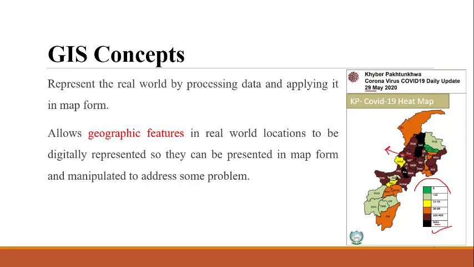This is Peshawar. So this area has more cases of COVID-19, while North Waziristan, South Waziristan and Tank have less than 10 percent of patients. So GIS is used to show the data of the real world in map form.